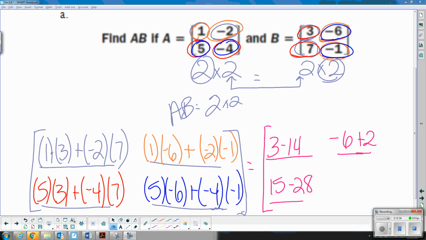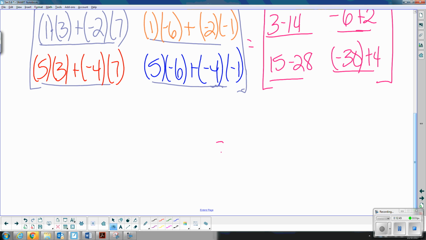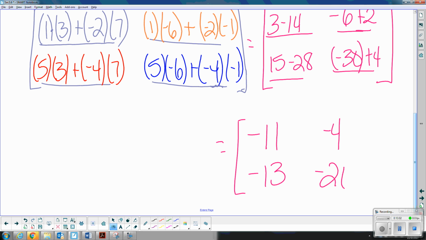And fourth element is negative 30 plus 4. So if I simplify this even further, I get negative 11, negative 4, negative 13, and negative 26.